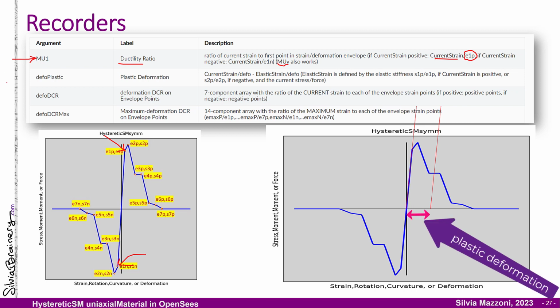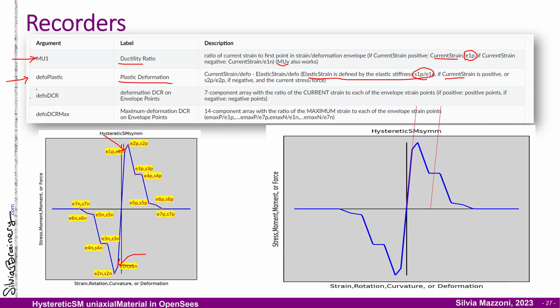Then the second parameter is the plastic deformation, which is the current strain minus the elastic strain, defined by the elastic stiffness. This is in positive and negative, and it gives you at each time step the plastic rotation, which is the total rotation minus the elastic deformation.